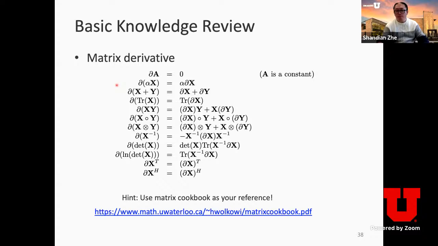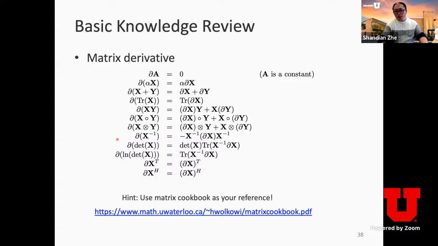Then it requires us to be familiar with derivatives with respect to matrices and vectors. The definition is exactly the same as the element-wise definition, but the operation is a little bit more complex. So here is the suggestion for how you take the derivative with respect to matrices and vectors.